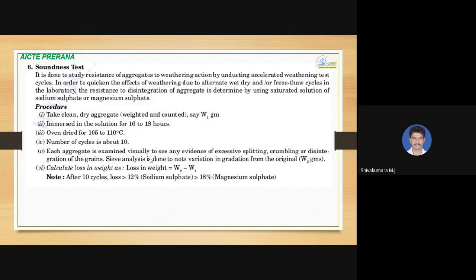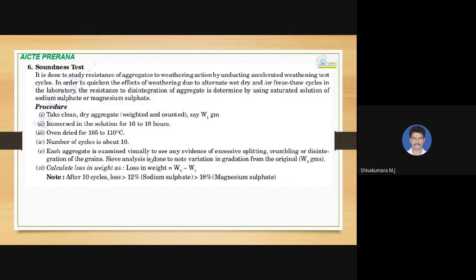Immerse these aggregates in the sodium sulfate or magnesium sulfate solution for 16 to 18 hours, then take it out, oven dry it at a temperature of 105 to 110 degrees Celsius, and again immerse these aggregates in solution for 16 to 18 hours. Totally 10 cycles we have to keep doing this.